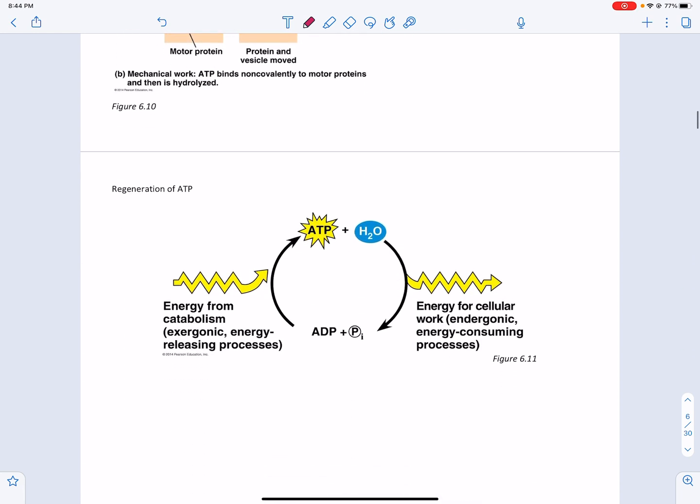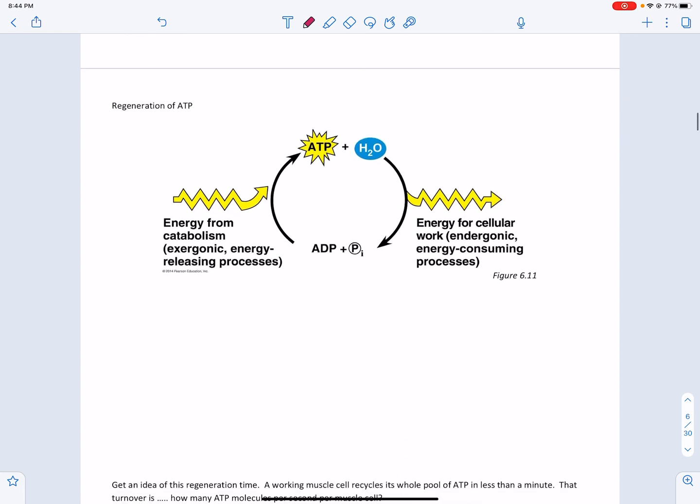And then lastly, the regeneration of ATP. When I do the hydrolysis of ATP, it releases energy, so that reaction is exergonic. That exergonic release of energy can become energy for cellular work, to power endergonic processes.